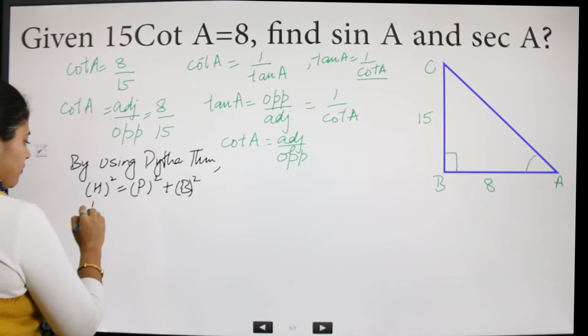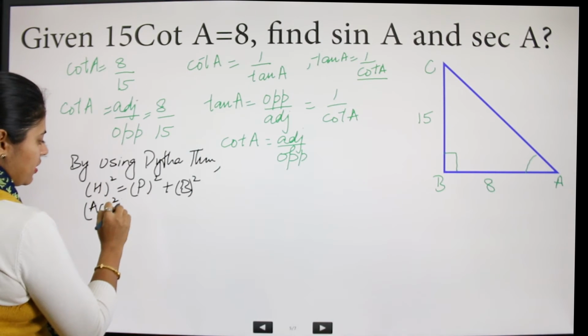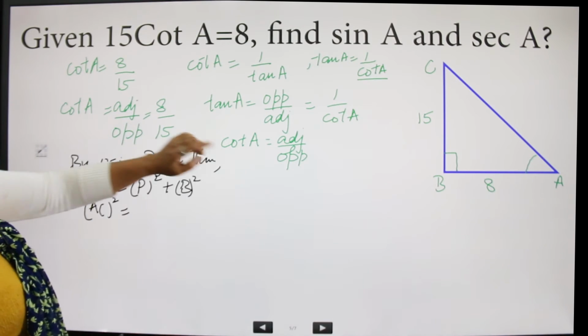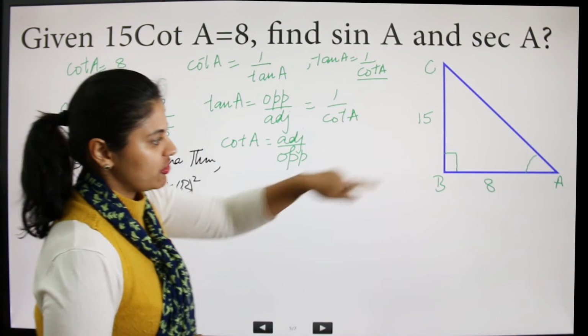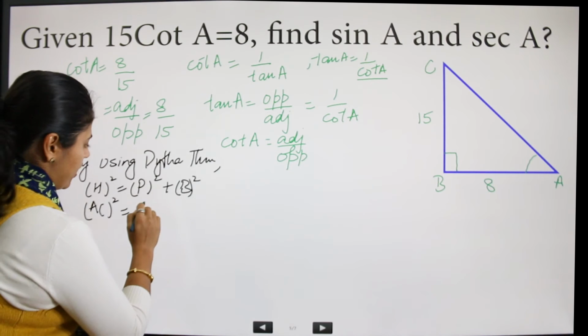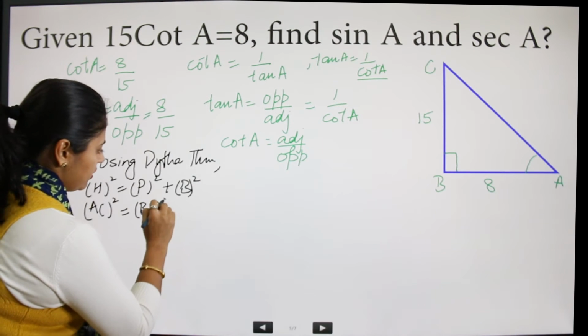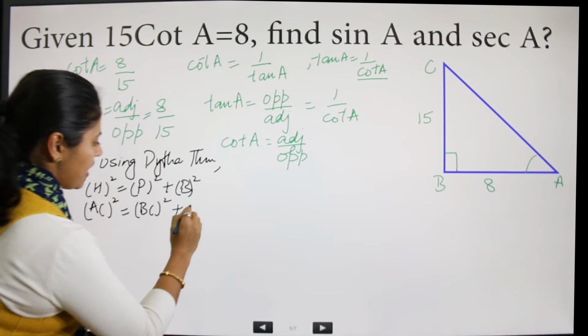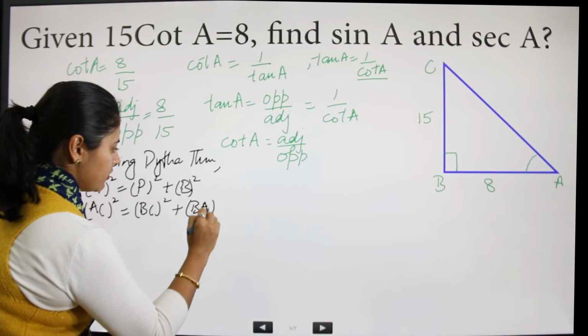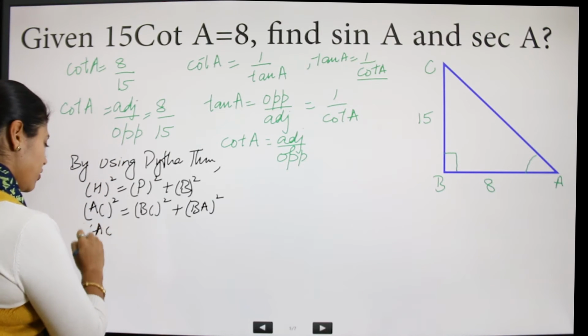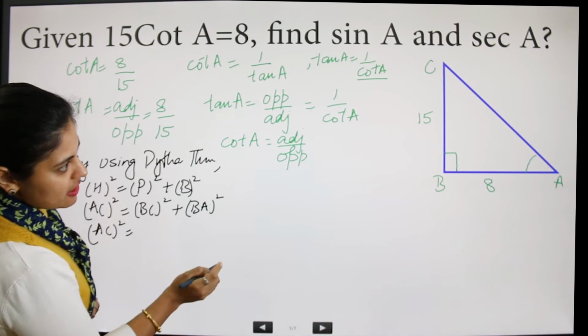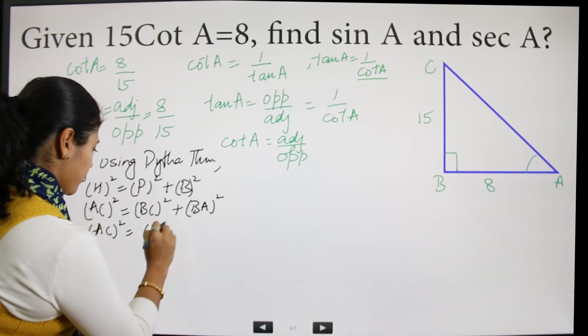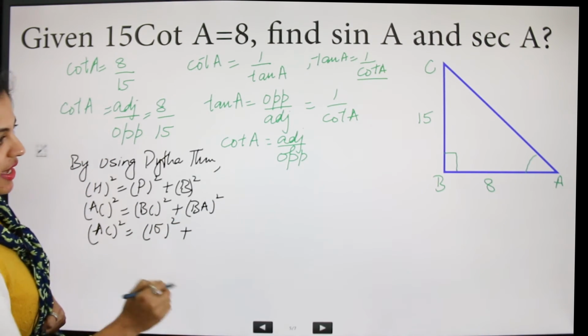Hypotenuse is the longest side, which can be written as AC whole square because we are supposed to find it, so leave it like that. The perpendicular side is this one, which is BC, so we write BC whole square plus base BA whole square. BC is given as 15 whole square plus BA is 8 whole square.